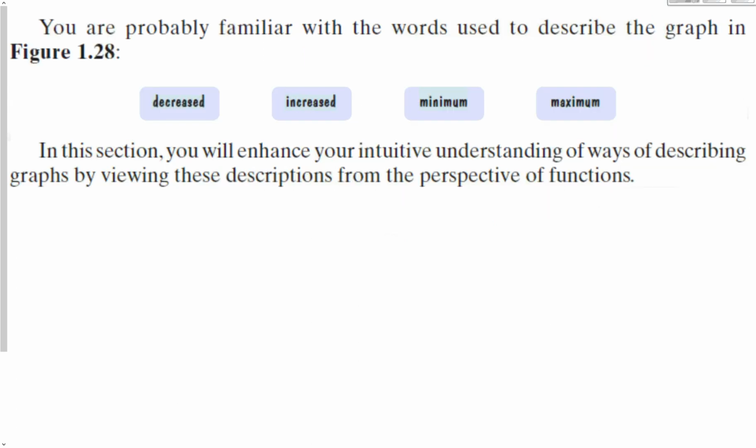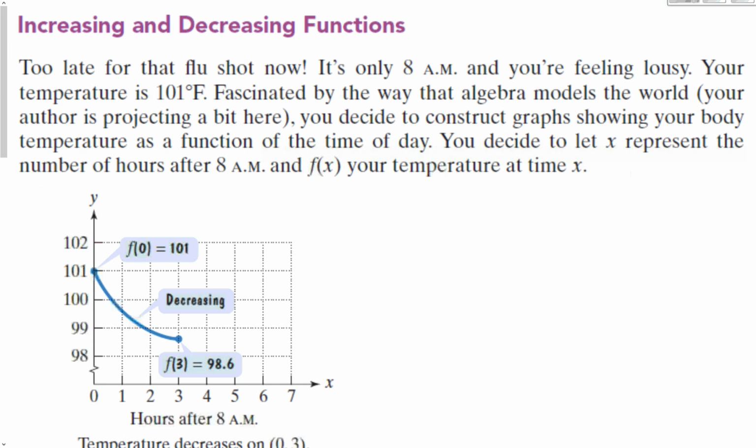So we're probably familiar with these words, right? Decrease, increase, minimum, maximum. In this section, we're going to enhance our intuitive understanding of the ways of describing graphs by viewing these descriptions through functions and not just through pictures, through how these functions work. Okay, so let's start with increasing and decreasing functions.